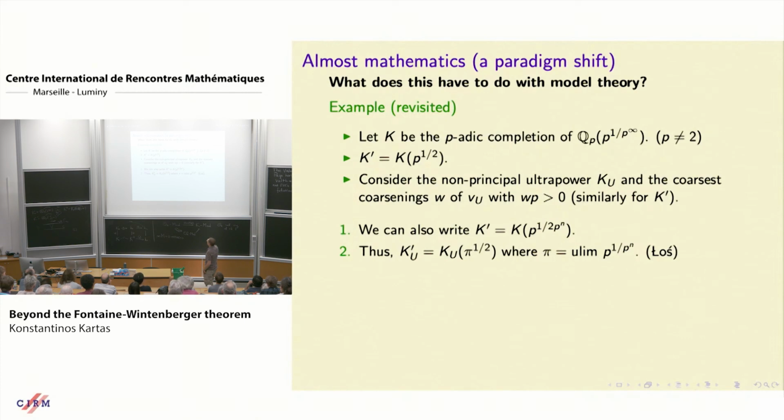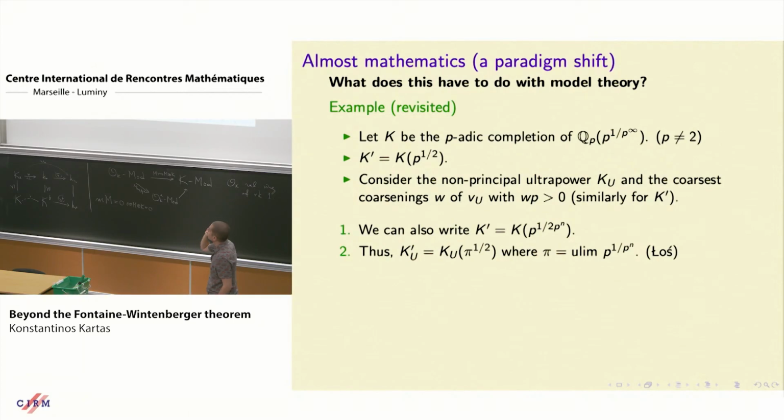Once you do that, nice things will happen. The first step is to write K prime not by adjoining the square root of p, but you can represent K prime as K where you adjoin the square root of p to the 1 over p to the n. And this is true for every n. So now I can take the limit, which wasn't available before, and I can express my extension in this form.